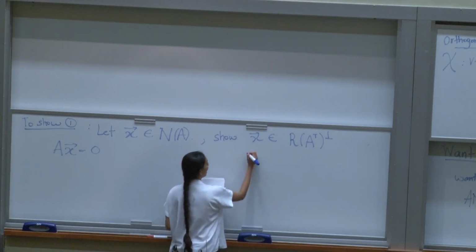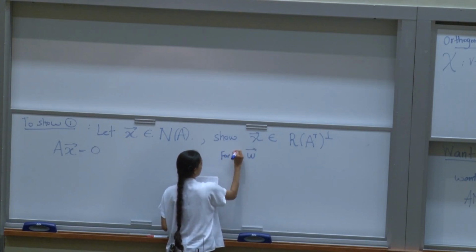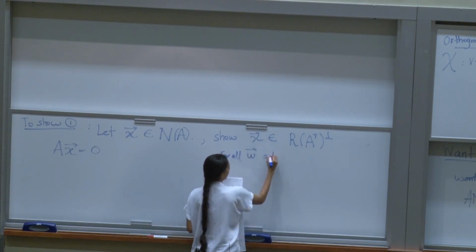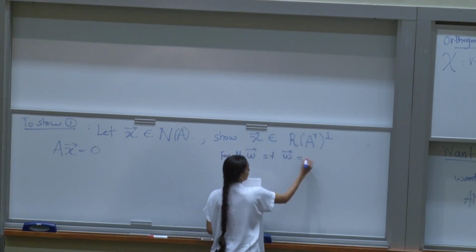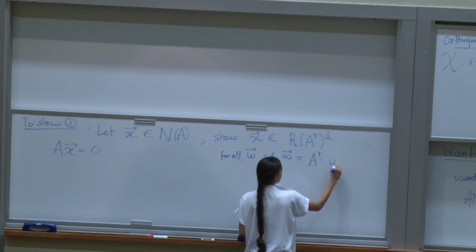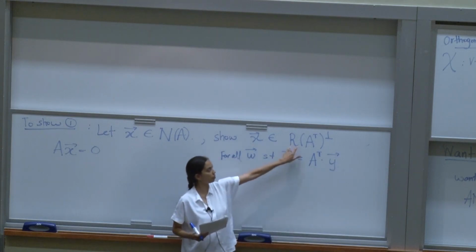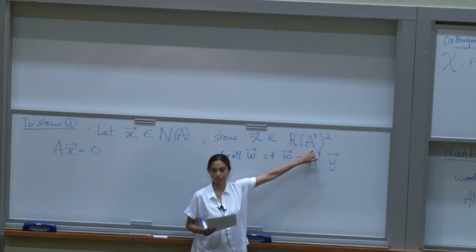So now, for all W such that W is equal to A transpose times, let me match my notation, some Y. What does it mean for W to belong to the range space of A transpose?